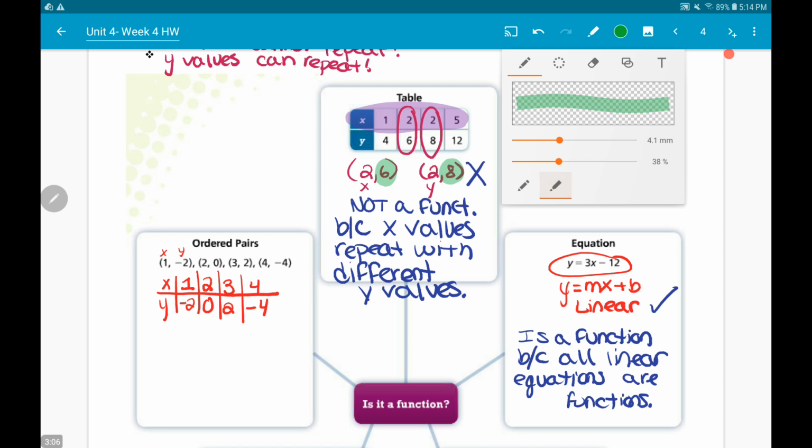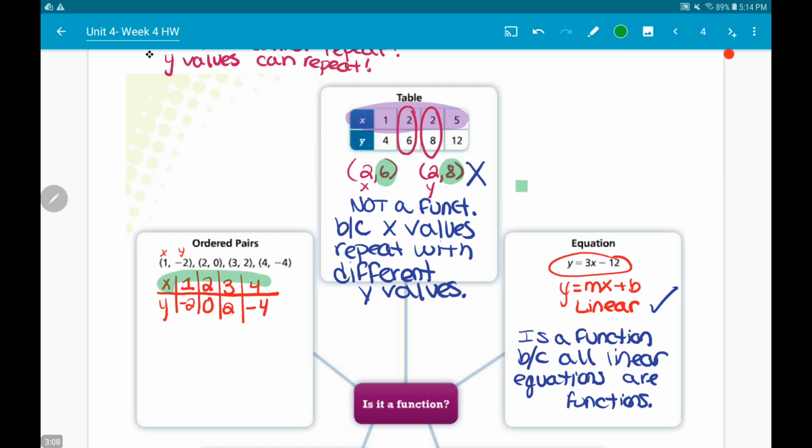Okay, so like I mentioned with the table before, we're going to scan our x values. They don't repeat, so that means this is a function. So it is a function because every x has only one y.